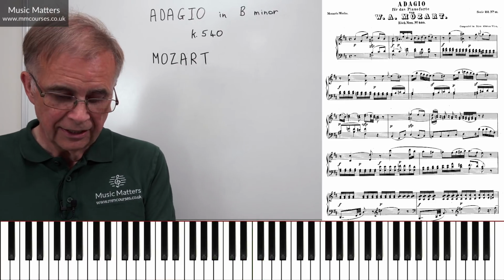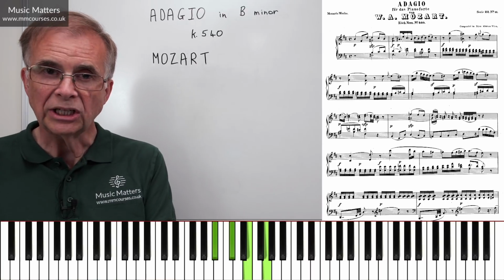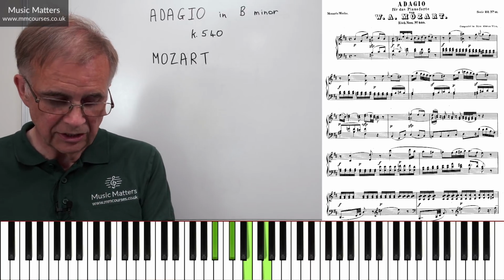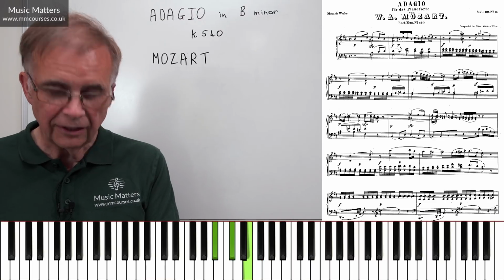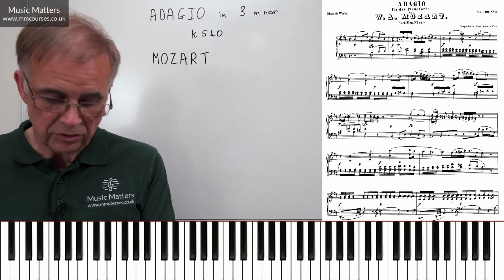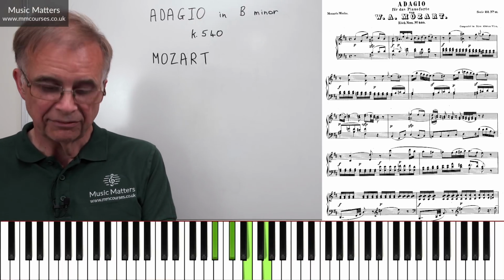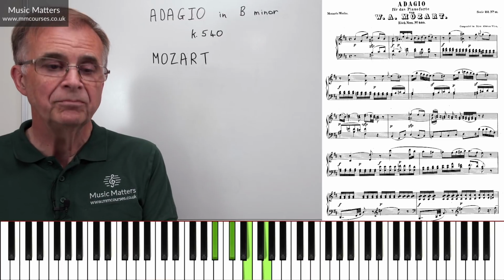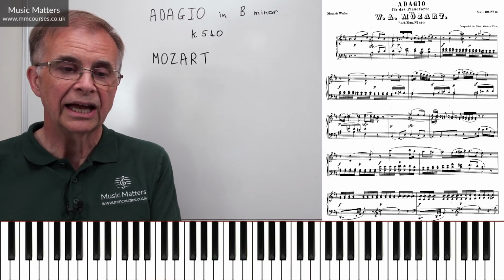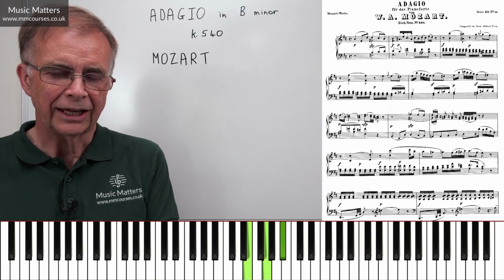So basically, those are the notes: A sharp, C sharp, E, and G, where I've got genuine minor thirds. A sharp, C sharp, E is chord 7 in B minor, isn't it? So those notes, A sharp, C sharp, E, G, give us the diminished seventh in the key of B minor, and here we find it used as an inversion of that.